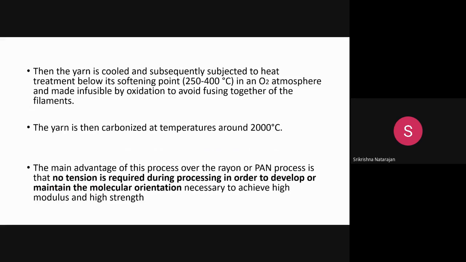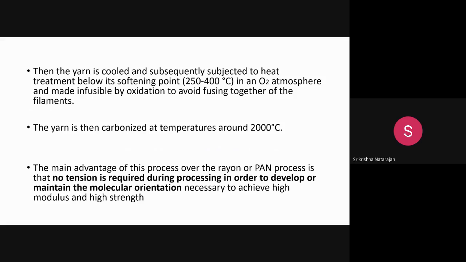Okay, so once the yarn is produced, you can do the after treatments, like you can cool it and subject it to some softening temperature of say 250 to 400 degrees centigrade, in the oxygen atmosphere, to avoid the fusing of the filaments, and then you can do the carbonization.